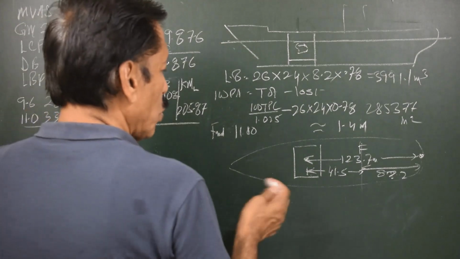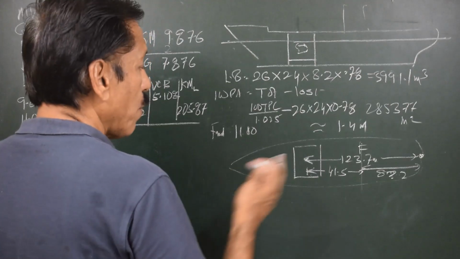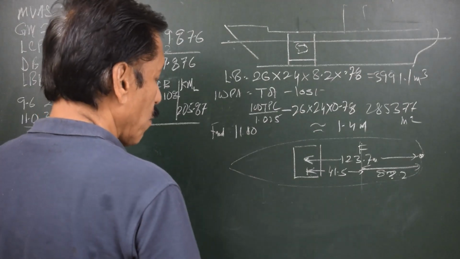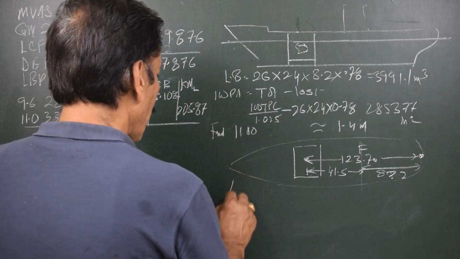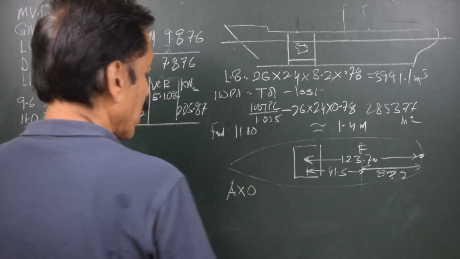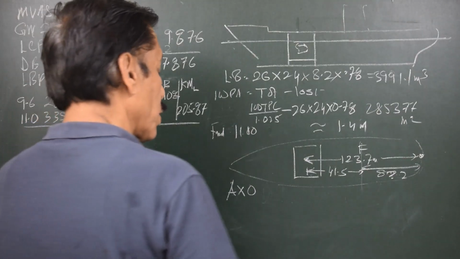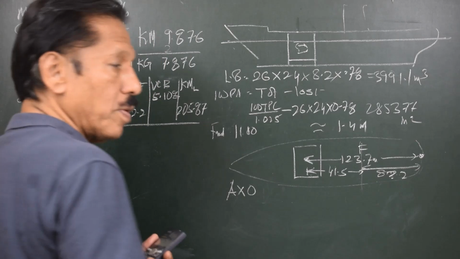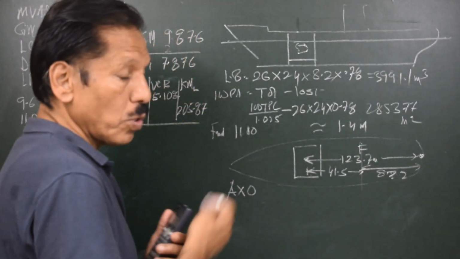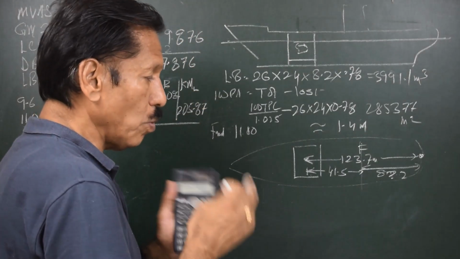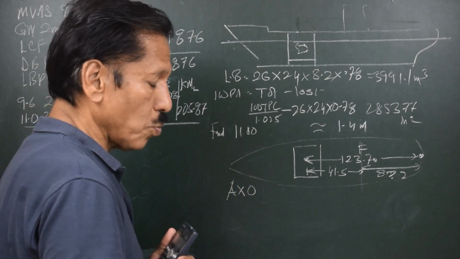Suppose we want to take the moment of areas to find the shift of center of flotation. Our usual calculation is the total area multiplied by 0, because I am taking the moment of the total area about its own centroid, so the distance would be 0.